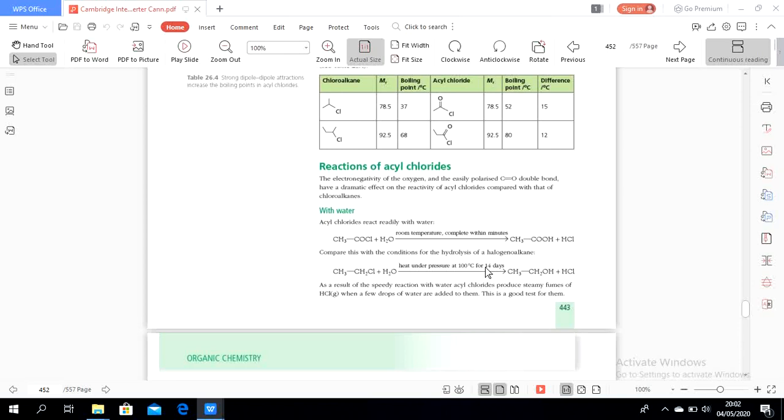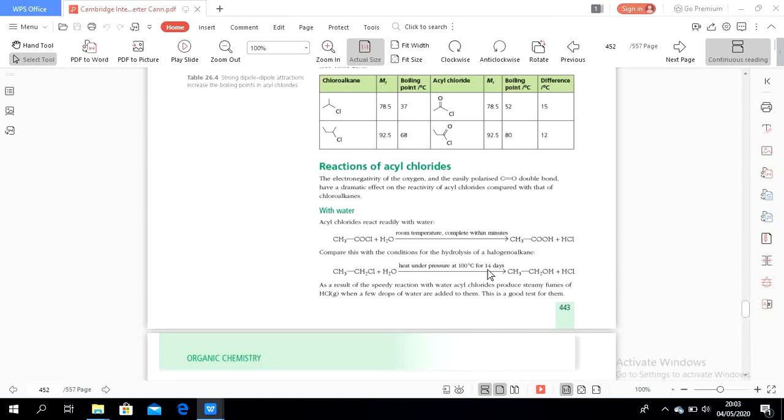It is proven that at room temperature acyl chloride reacts, but at room temperature halogenoalkanes will not react with water. Halogenoalkane requires heat under pressure at 100 degrees Celsius and a longer time, for 14 days.